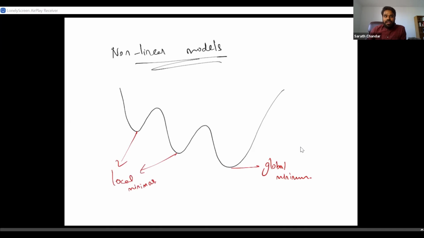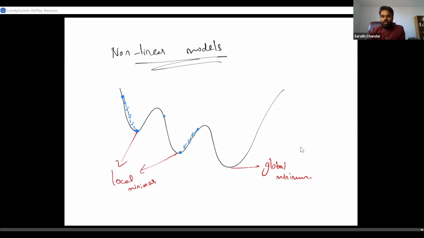And depending on where you start, your gradient descent is going to get stuck. For example, if I start here and do gradient descent, it will continue, and then it will get stuck here because that is the closest minimum. Similarly, if I start here or here, it's going to continue, and then it gets stuck here.